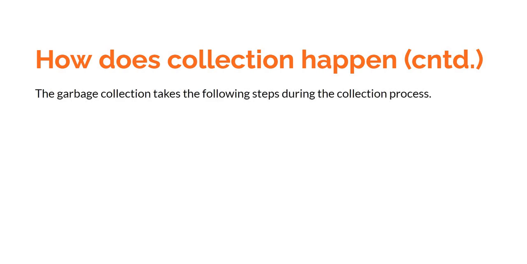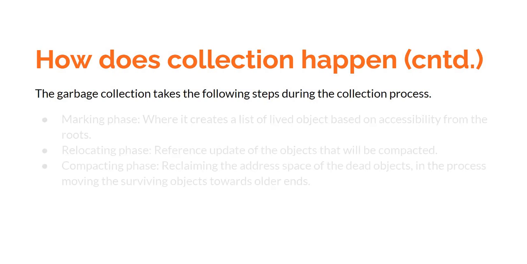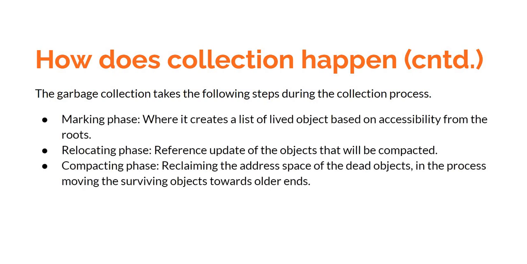Now let's understand the different steps the garbage collector takes during the collection. First is called the marking phase. During the marking phase, it creates a list of objects that are still alive based on their accessibility from the roots. After that, it does a relocating process. In this process, it updates the references of the objects which are compacted, because it moves objects around.